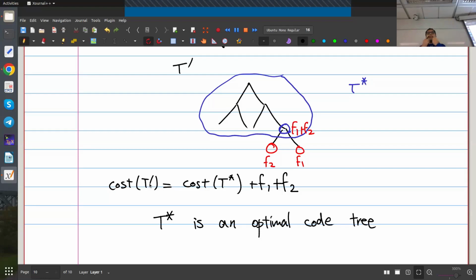Now, suppose that my algorithm always gives you the optimal tree for n minus 1 letters. Now, if I have n letters, the best possible cost that I can get for a tree on these n letters is the best possible cost that I can get on n minus 1 letters plus F1 plus F2. But I know that my algorithm gets the best possible cost for n minus 1 letters. So my algorithm is optimal.